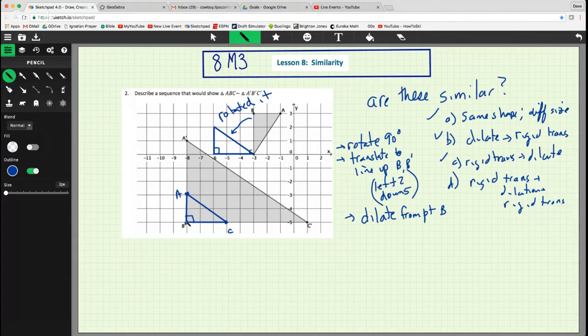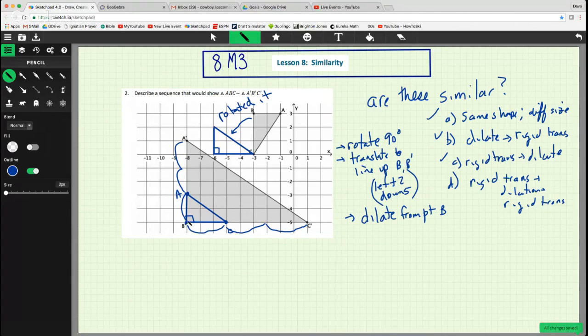Well, let's see. This side is 1 time smaller, so we have to go 2, 3. This side is 1, 2, 3, 1, 2, 3.